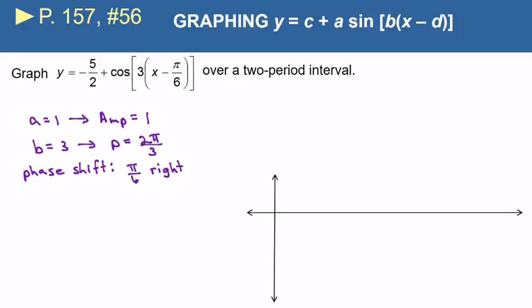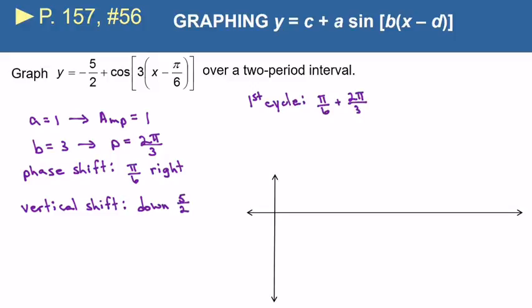Again, we're lucky here because since the B is factored out, we know that this number alone does represent phase shift. So -π/6, remember we shift the opposite direction of the sign that we see in the function. So it's π/6 to the right. And vertical shift is going to actually be down 5/2.